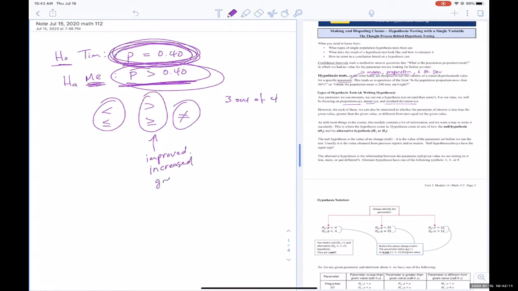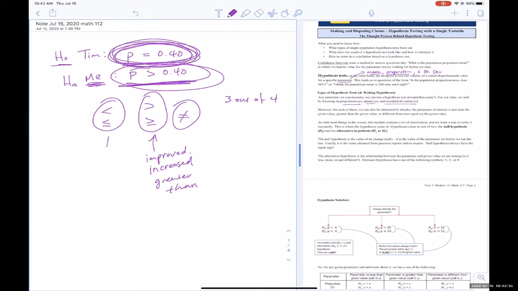Greater than. These are all keywords that indicate that I'm using greater than or equal to. Okay, so far so good. Any question? It doesn't matter which of these 2 you use, greater than or greater than or equal to. They're both okay.